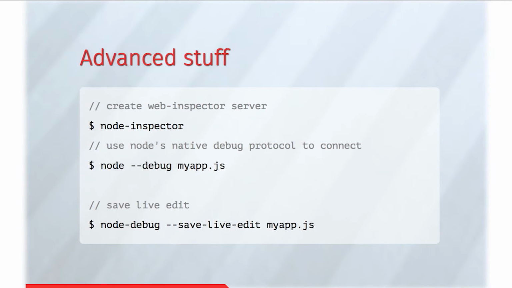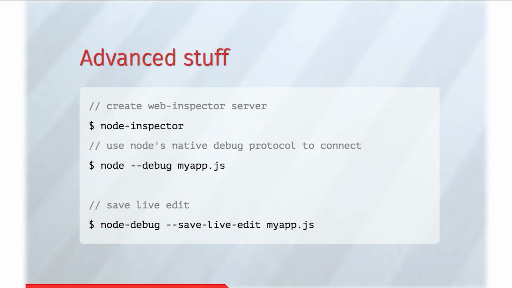Some advanced stuff: you don't have to run it like a Node launcher-like command. Using Node Inspector, you can launch it in a standalone server mode, and this is cool because you can have multiple Node applications and connect them using the standard Node debug protocol to that server and access it through the web browser.